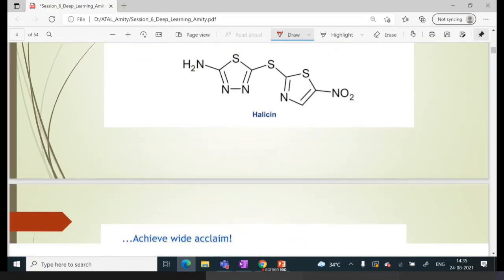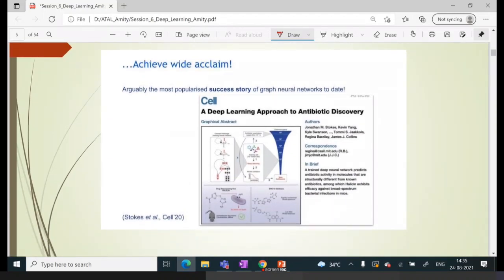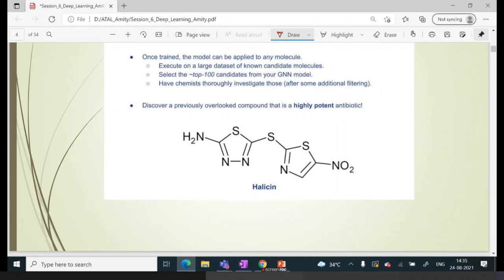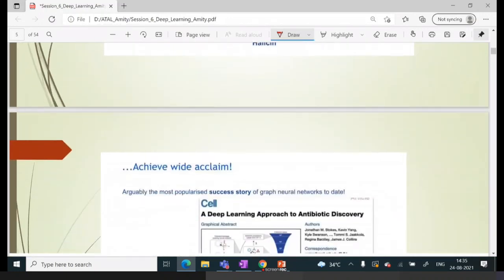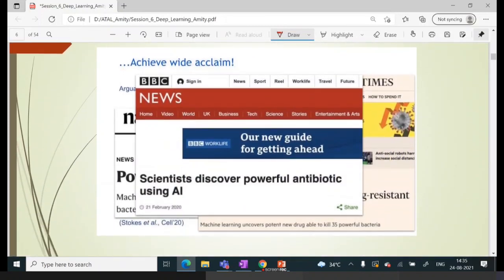So this is one of the most popularized success stories of graph neural networks, where a new drug named halicin was found, which is an antibiotic. And then there are other success stories also, which are published in BBC or Financial Times and so on. So whenever you hear that using AI, scientists found some new antibiotic drug, in the background GNNs are responsible for it.